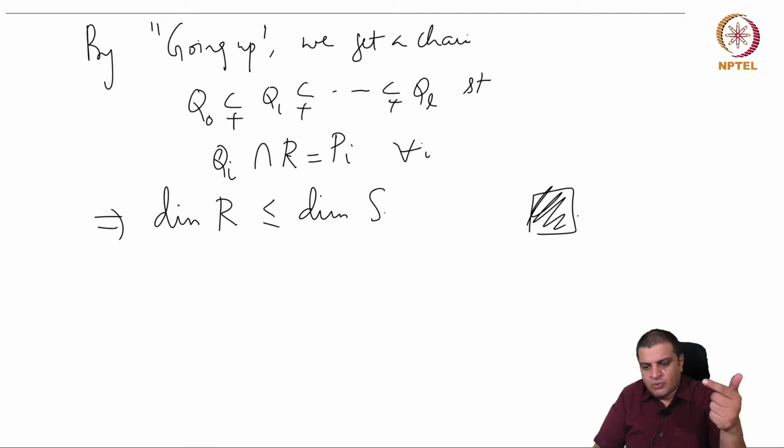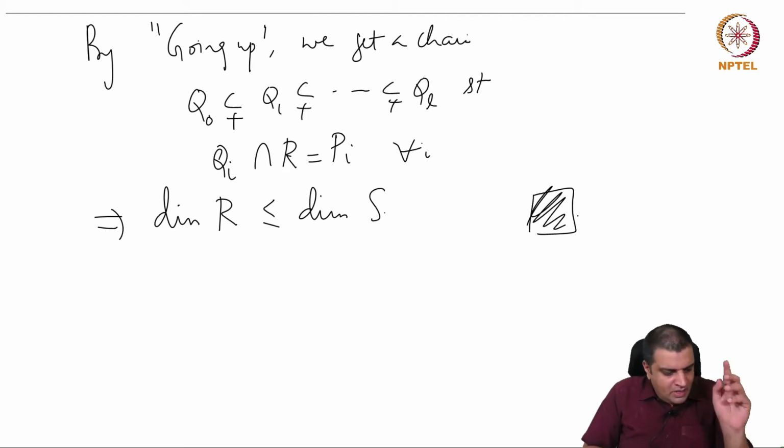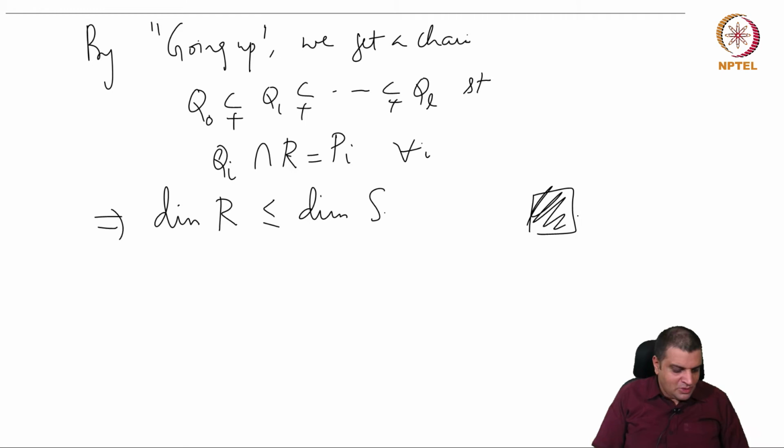If you look at the map in Spec, it is surjective, and these two rings have the same dimension, and hence we should know a way to find the dimension of a polynomial ring. But as I mentioned earlier, it would take us a little bit of work to prove that the dimension of a polynomial ring in n variables over a field equals the number of variables. But we will prove that after we develop a little bit about the dimension theory of Noetherian rings.